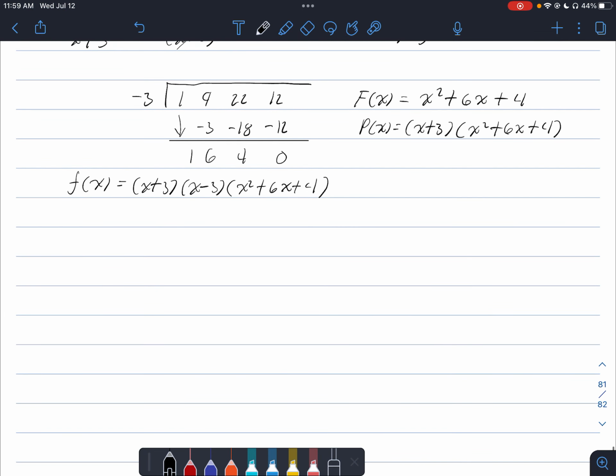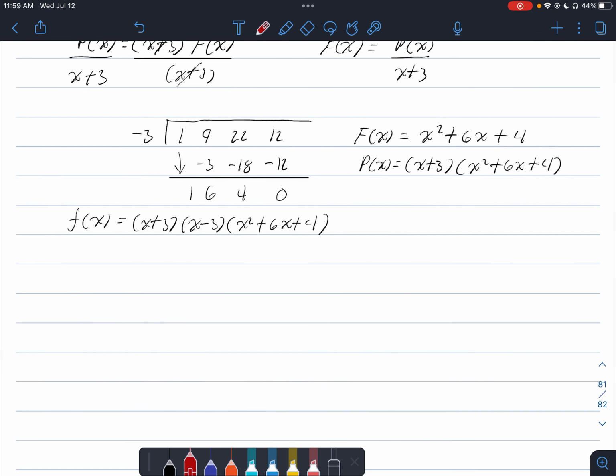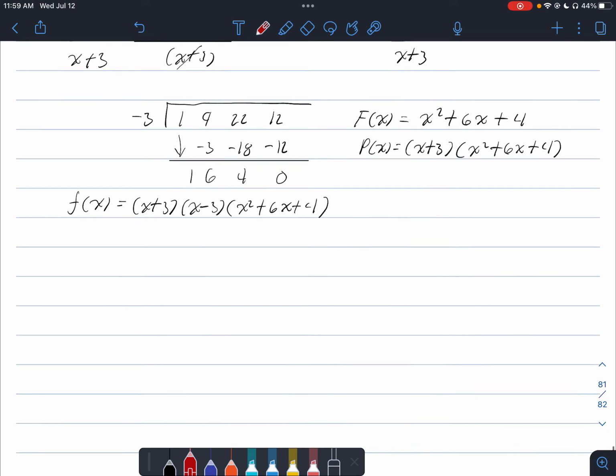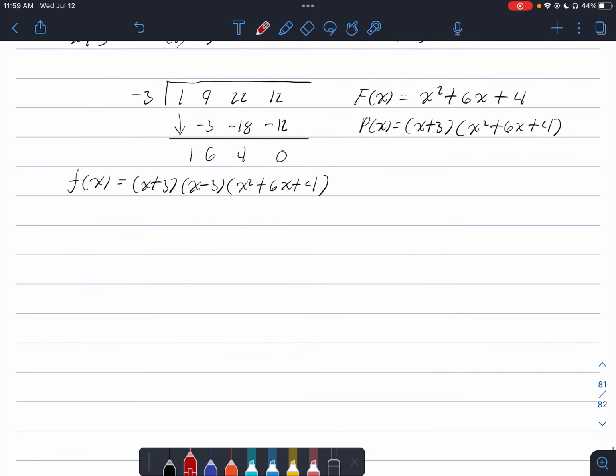Okay, so now hopefully we can factor this polynomial quite easily, and it looks like probably synthetic division is going to be our best bet here. Okay, not synthetic division. Sorry, the quadratic formula is going to be our best bet here. We're doing this only for this polynomial, x squared plus 6x plus 4.